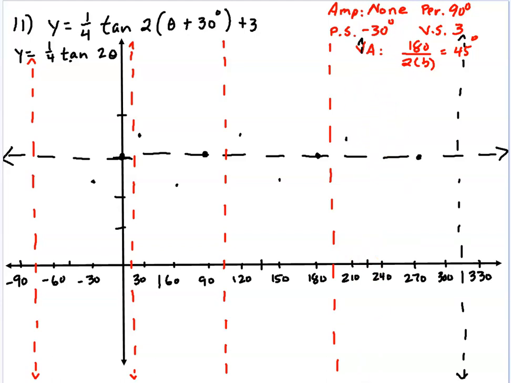Okay, and just one more. Okay, so we shifted our asymptotes 30 degrees to the left.